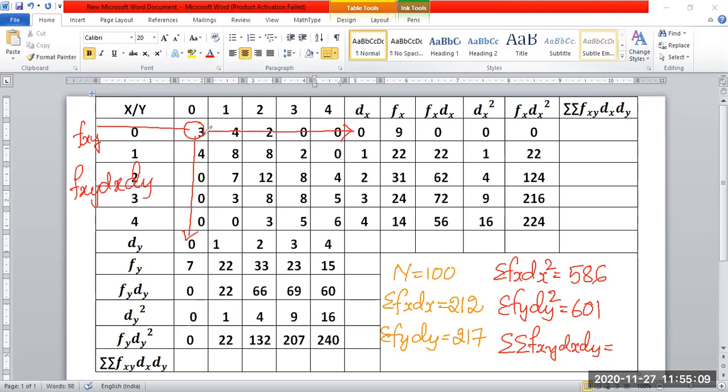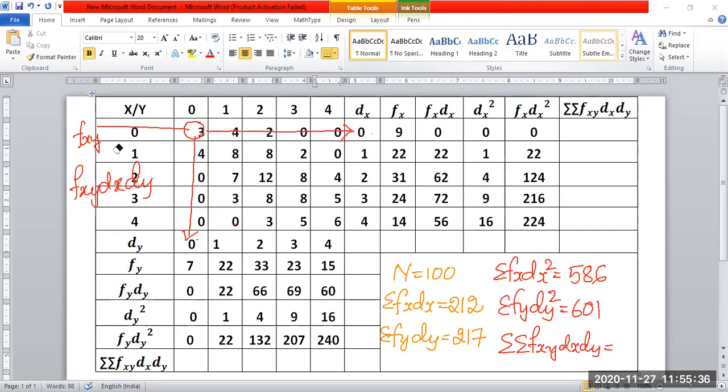Each box, the number into dx dy, we should multiply for all group data. Repeat once again. Each box, the number is there, that is called fxy, and corresponding that is dx, and corresponding that is dy. Let me see how you multiply. 3 into dx into dy, 4 into dx into dy, 2 into dx into dy. Like that, we should calculate now.